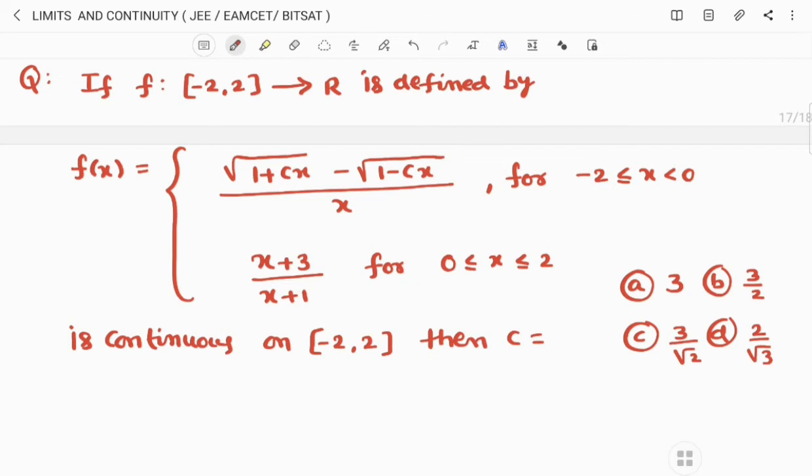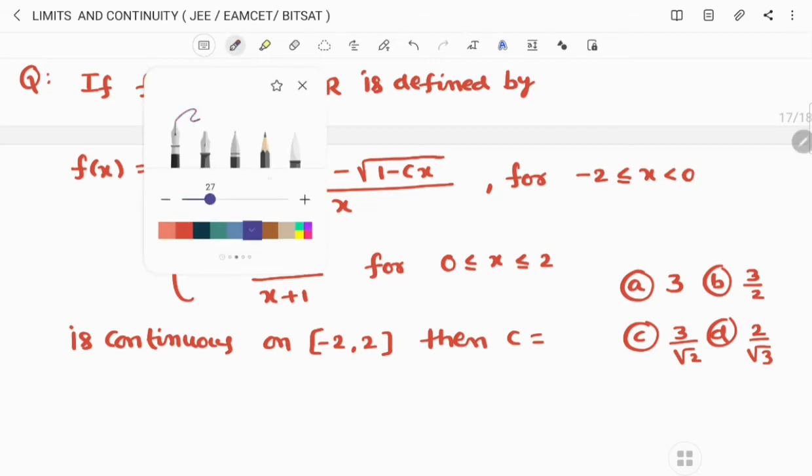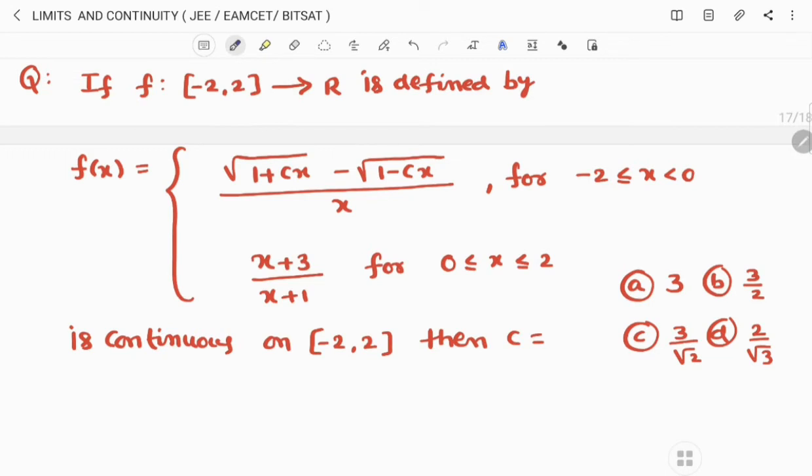So here the condition is given that f(x) is continuous on the closed interval [-2, 2]. In this interval, 0 is in between.